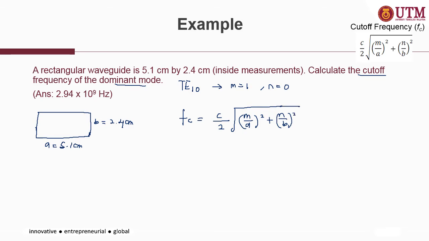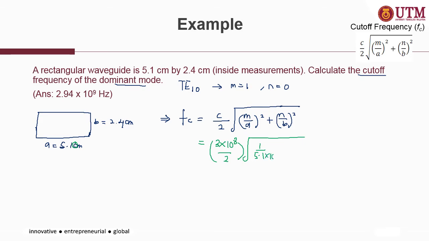As usual, I recommend you write down the general equation before you include any values in your calculation. C is the speed of light, 3 times 10 to the power of 8, divided by 2, and then the square root of M equal to 1 divided by A, which is 5.1, and don't forget it is in cm, so please make sure you use the SI unit, the standard unit.